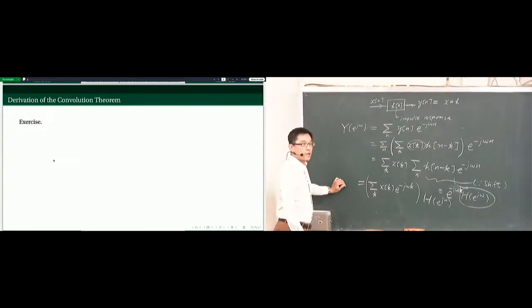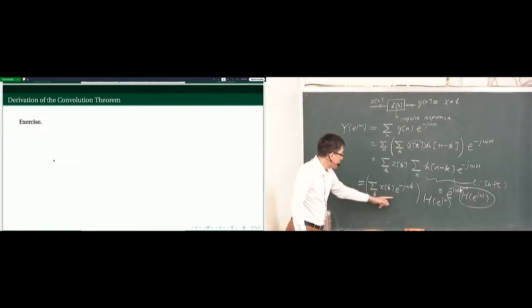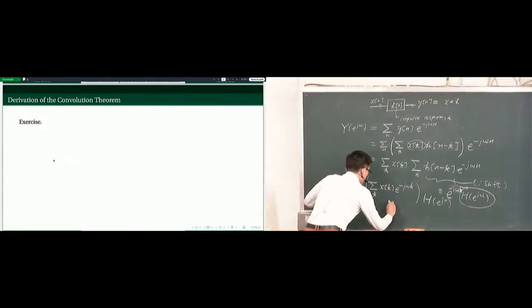I say this is going to come to an end because, what do we have here? Summation over k, and k is just a dummy index, right? So this is exactly the spectrum of x.